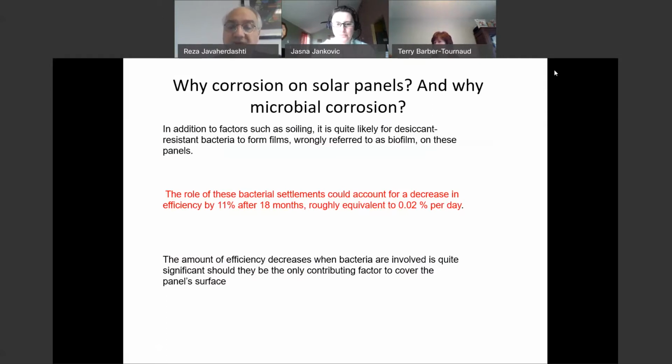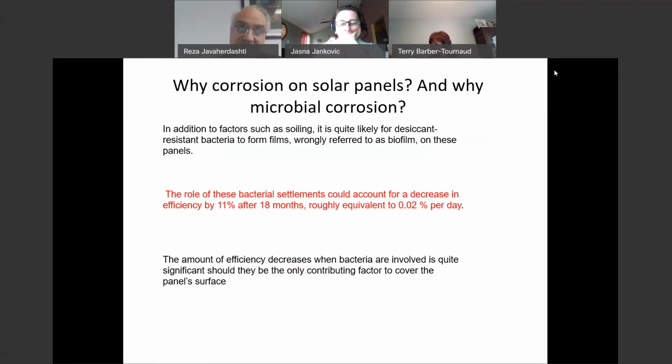This means that if bacteria alone were responsible for covering the panel surface and creating soiling, then we could come up with a loss of efficiency by 11% or so within a year.